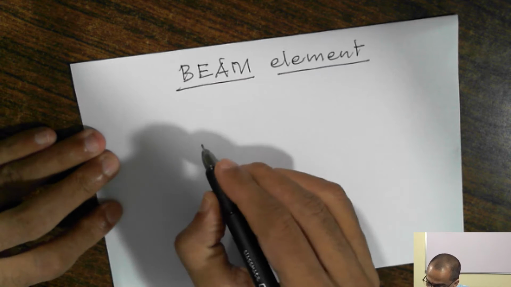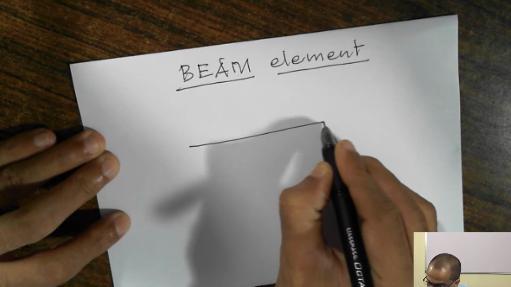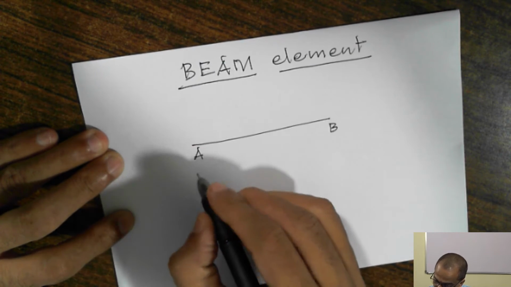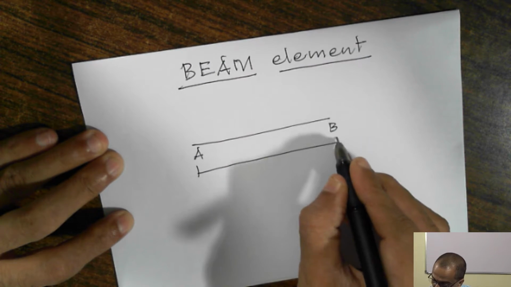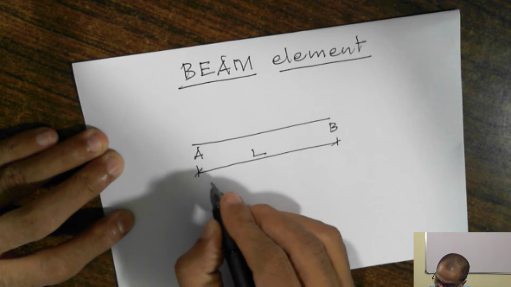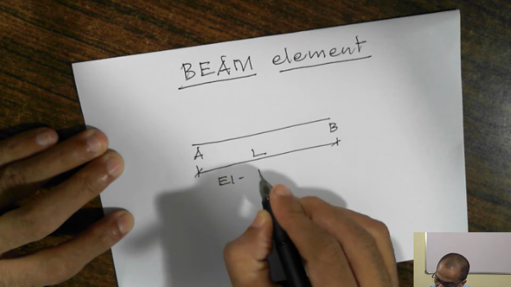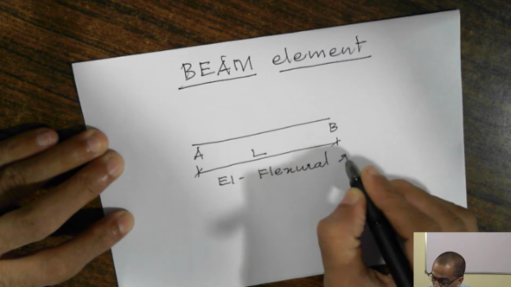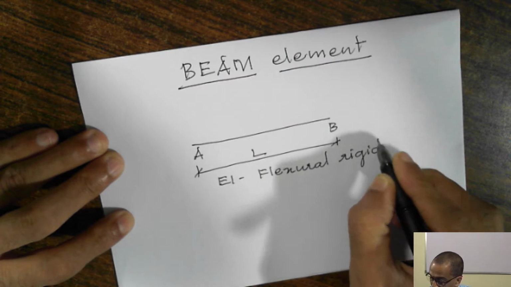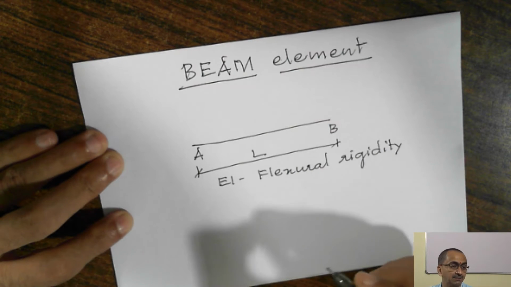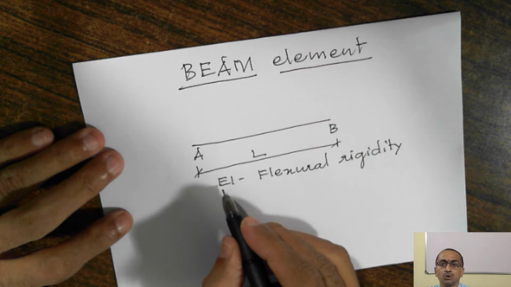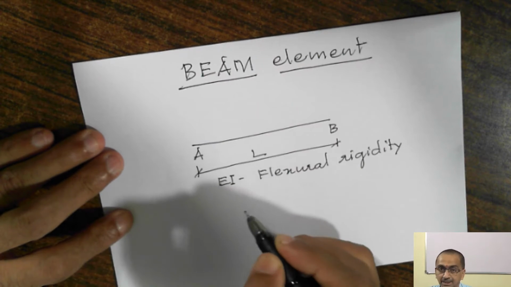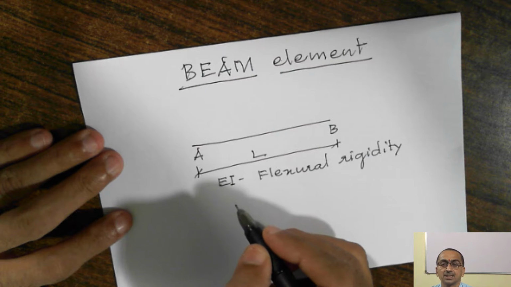Let us say element AB of length L and EI as flexural rigidity. We have seen EI is known as flexural rigidity in our earlier lecture. E is the modulus of elasticity of the material, and I is the section property, the moment of inertia of the section of the member.